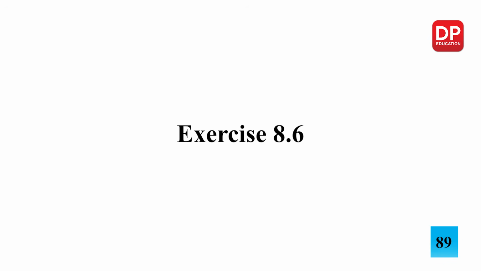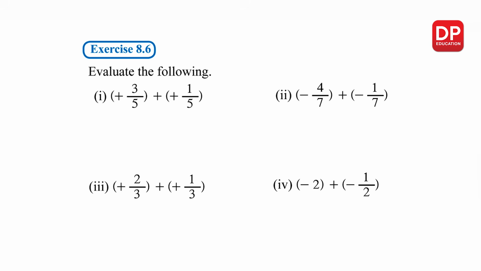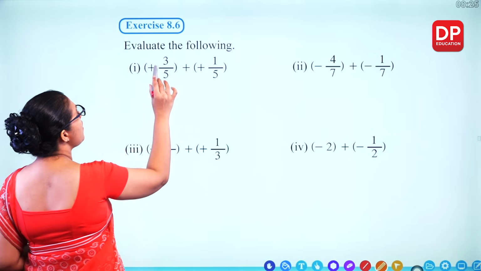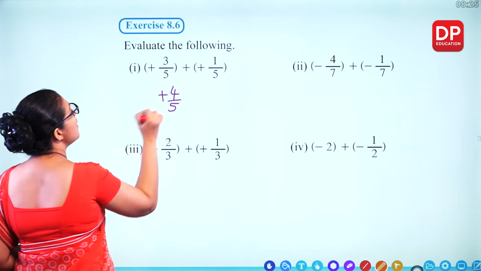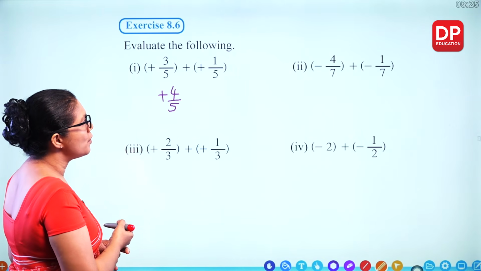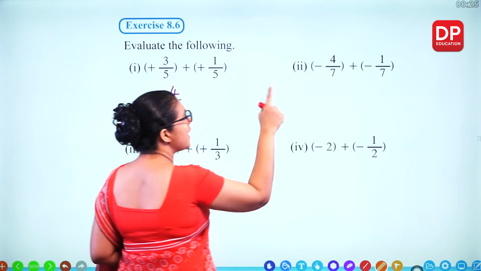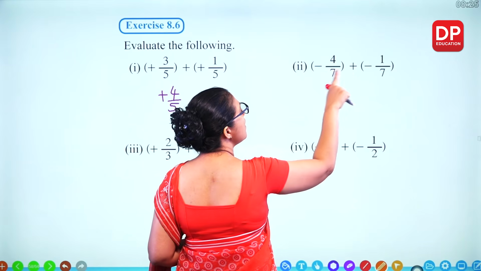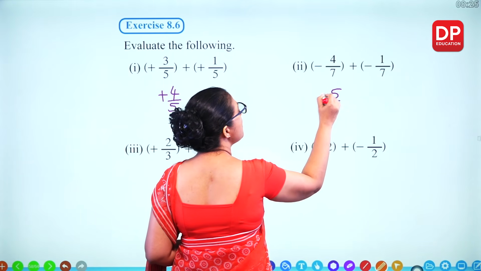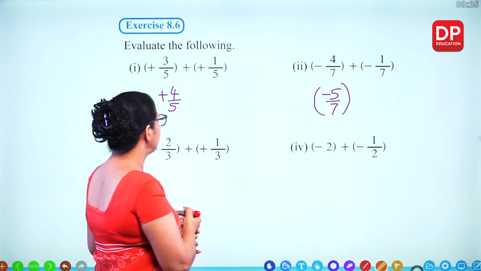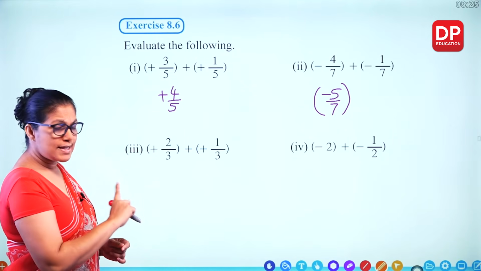Exercise 8.6. Evaluate the following. Same sign you add 3 plus 1, 4. 4 over 5. Both positive. So you put positive. Both negative addition 4 and 1, 5. So add the two fractions and put the sign. Both positive.